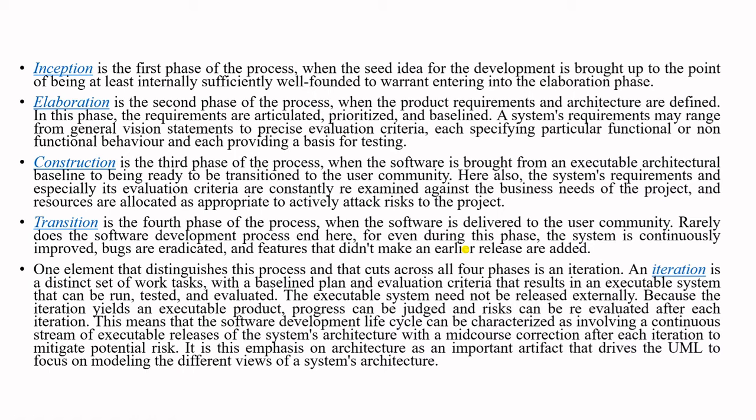SDLC models might have a different approach, but the basic phase and activity remain the same for all the models. So the waterfall model is the very first model that is used in SDLC. It is also known as the linear sequential model. In this model, the outcome of one phase is the input for the next phase. So the development of the next phase starts only when the previous phase is complete. That's why it is known as the waterfall model.